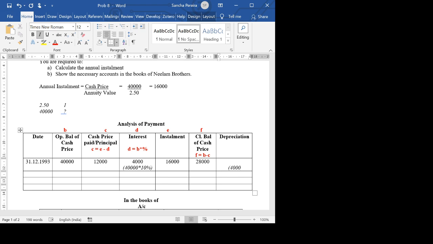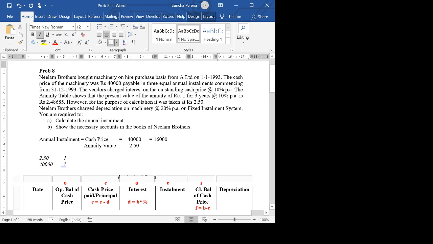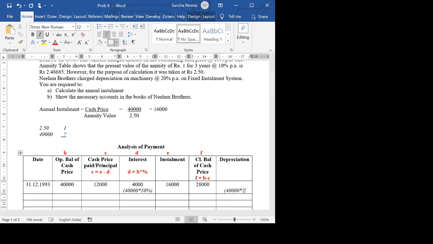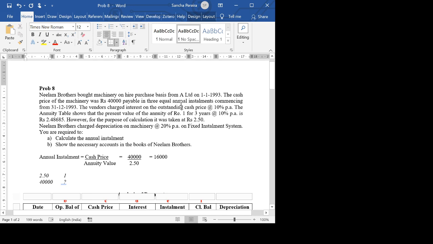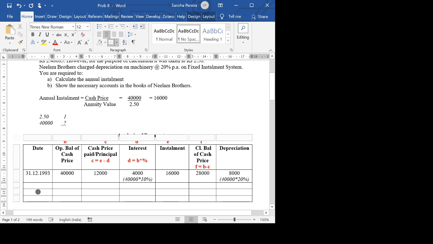So 40,000 into the rate of depreciation, 20%, is 8,000. Okay. Come down for the next one. They said 3 equal annual installments, so we have to do it for 3 years.